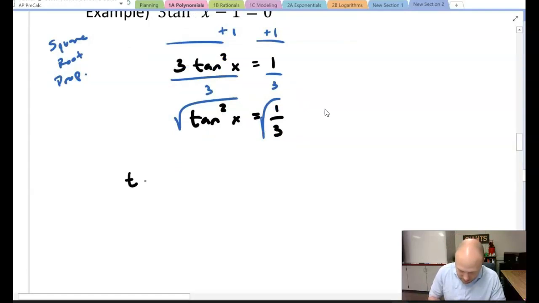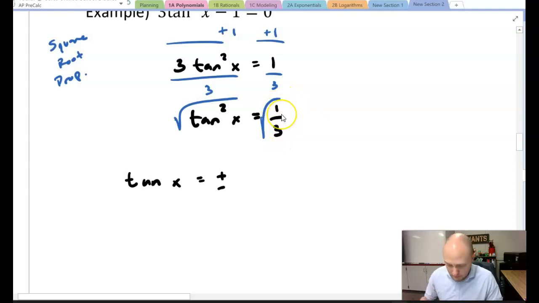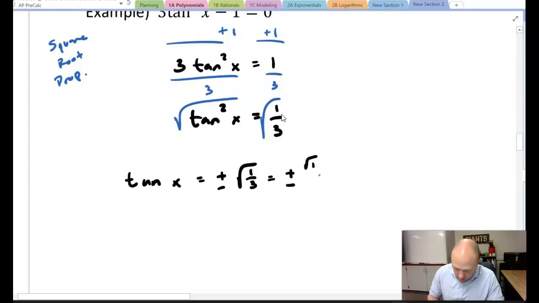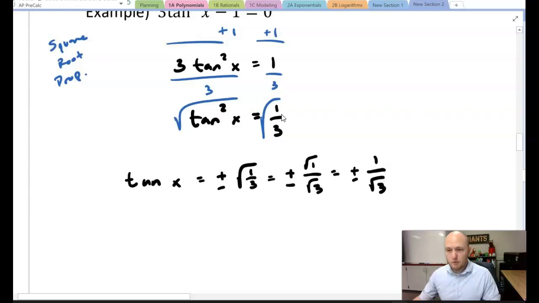So we have tangent of x is equal to plus or minus the square root of 1/3, just like this. Now I'm going to simplify this. This is plus or minus the square root of 1 over the square root of 3, and the square root of 1 is just 1, so 1 over root 3.